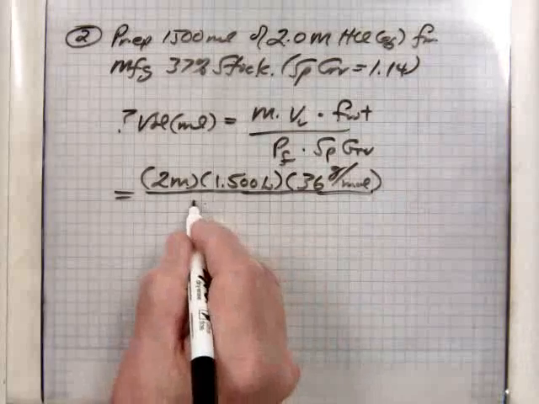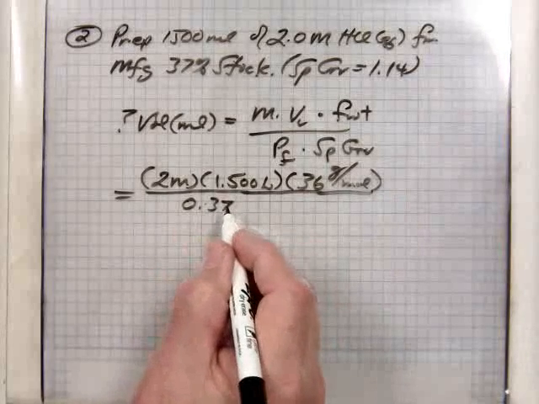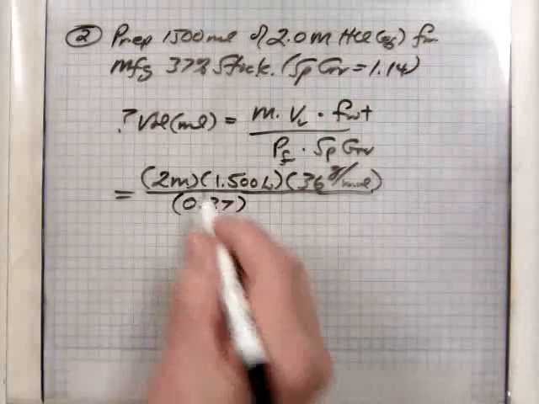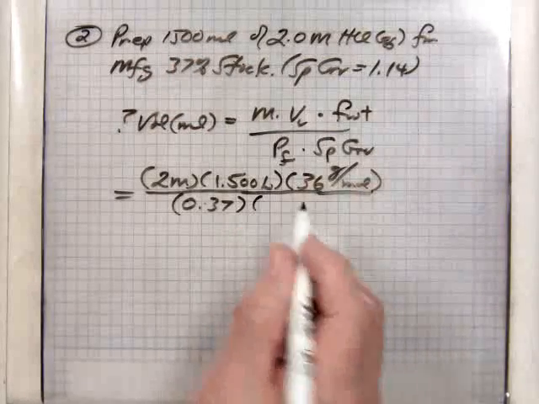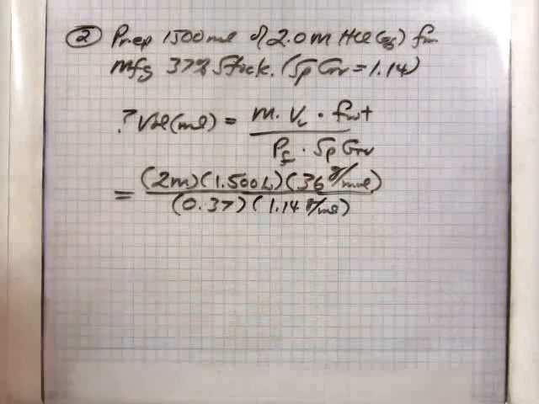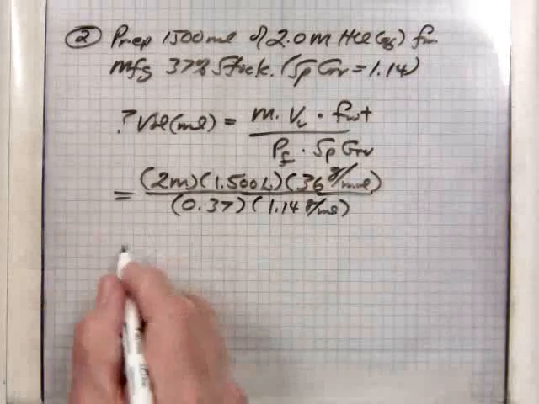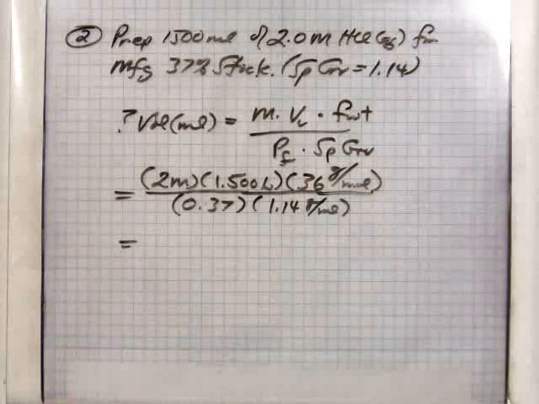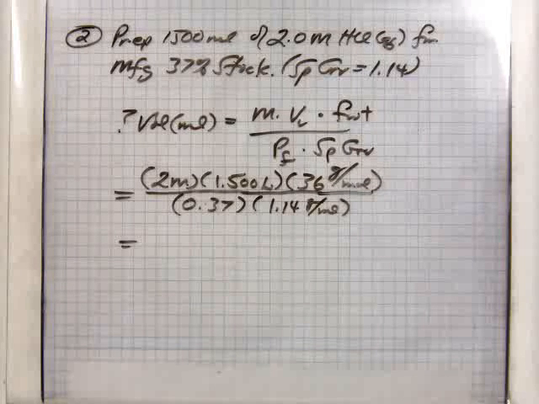Purity factor 0.37, and 1.14 grams per milliliter in the density. Okay.